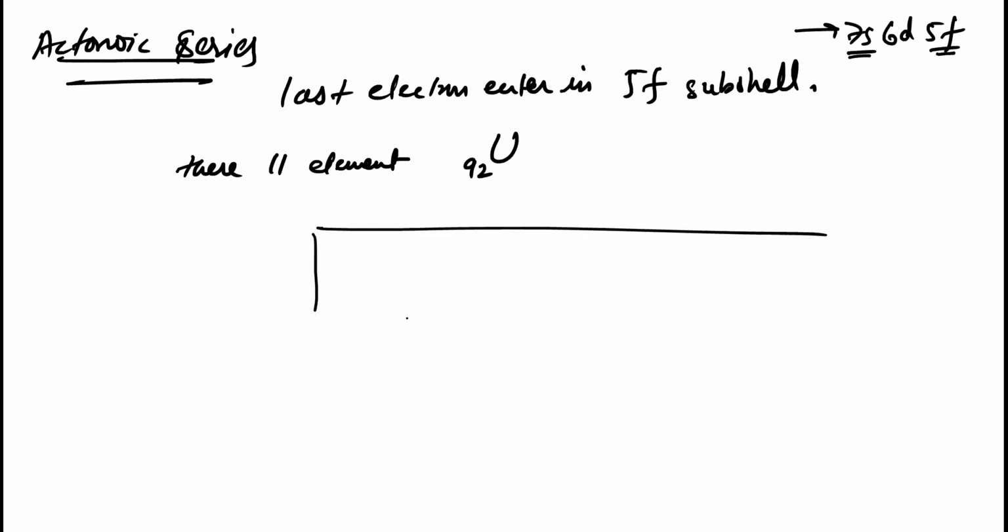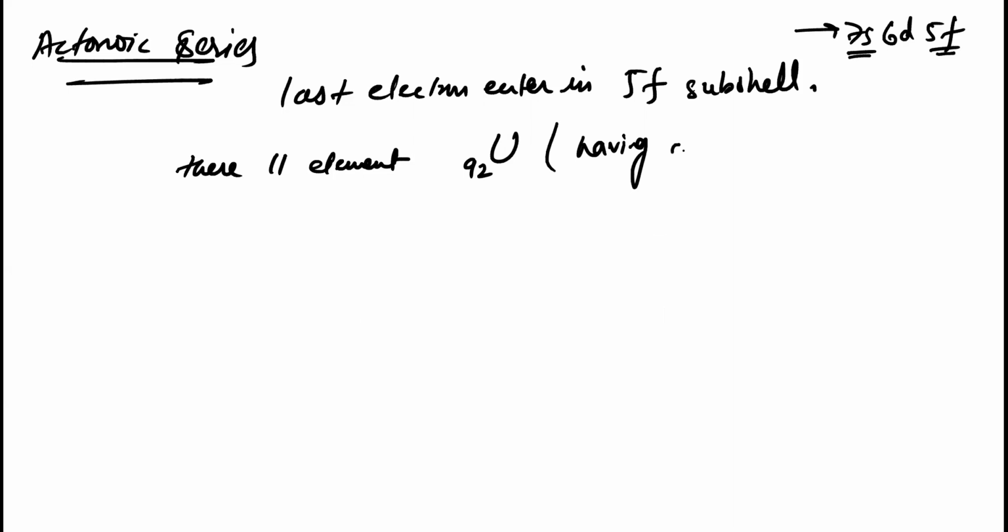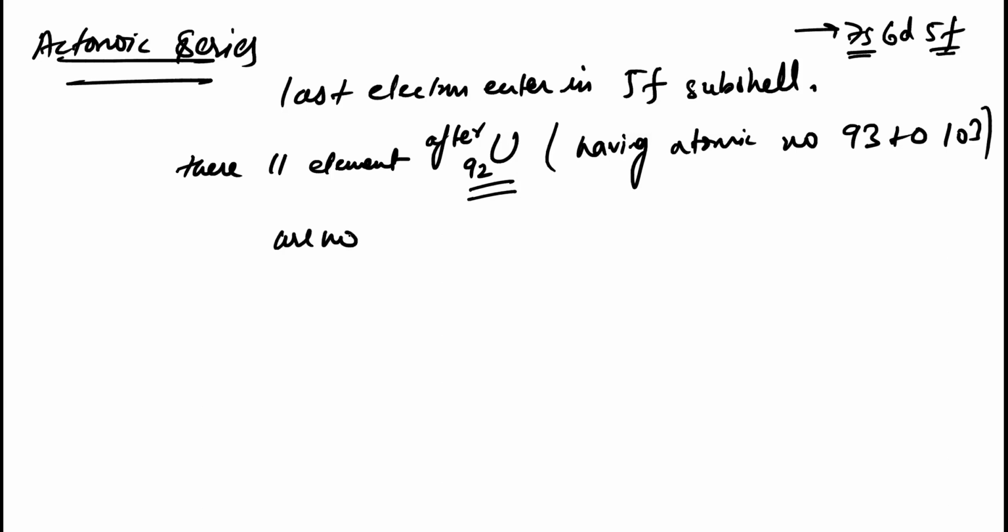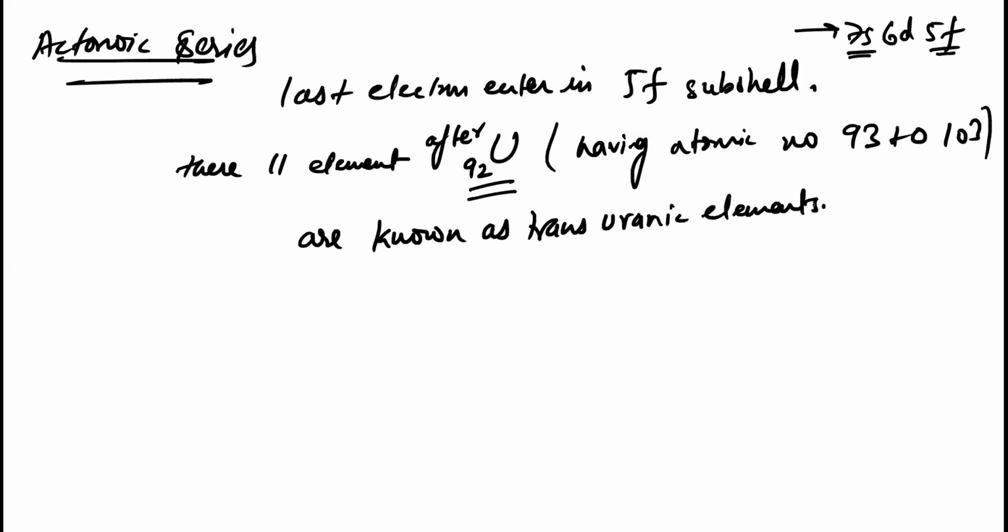Total are 14 we are talking about, but the 11 elements after uranium are talked about separately. Uranium is 92, so the elements from atomic number 93 to 103 are known as transuranic elements. Got it?